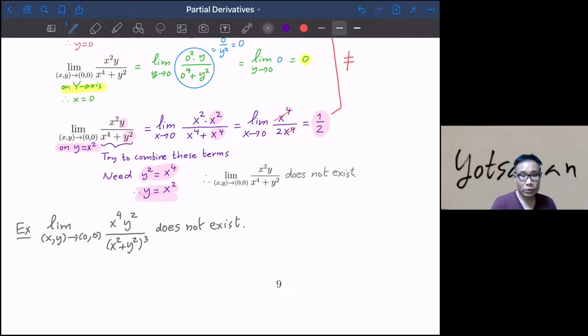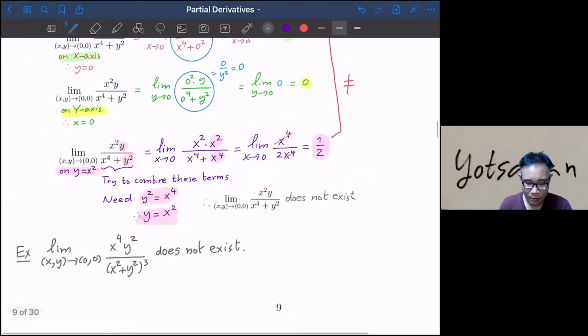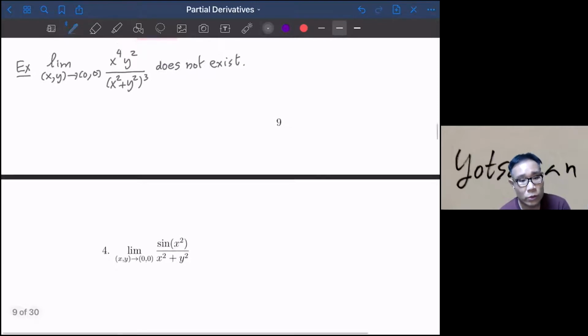You're going to have to find C1 and C2 like we did in the previous example, and please show that the limit along C1 is not equal to the limit along C2, and you'll be able to reach the conclusion that the limit does not exist. So this one is the thing that I'd like you to do.